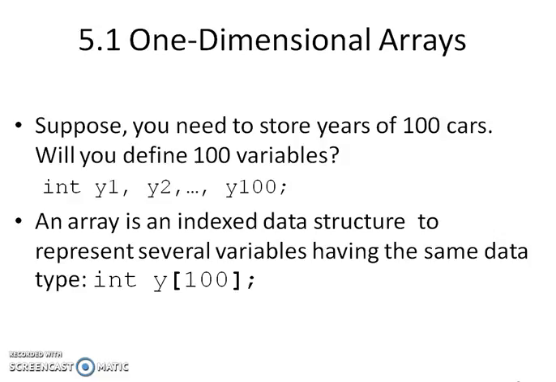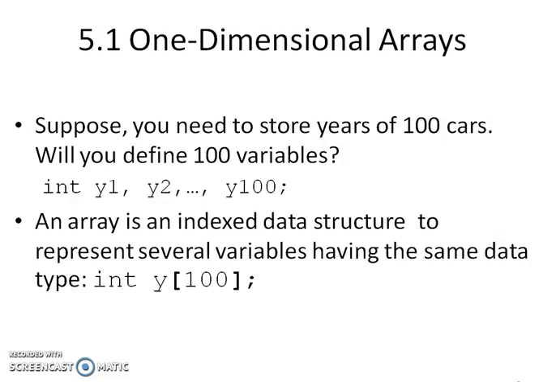For example, here to store the make year of 100 cars, I need a space of 100 integers, and this integer space is represented using the basic data type int, written as int y[100].